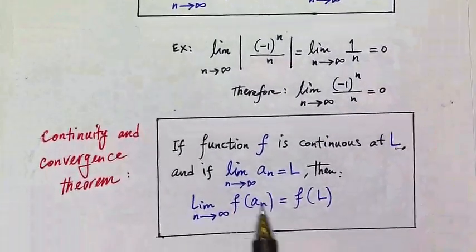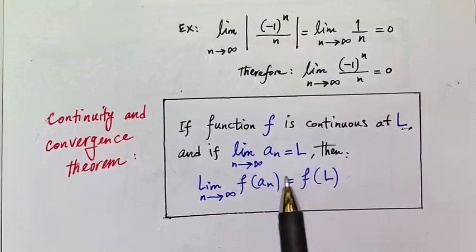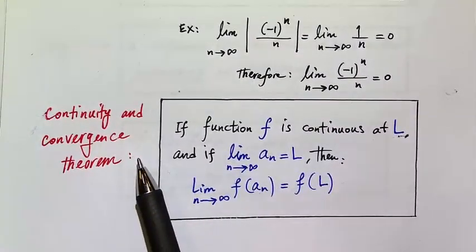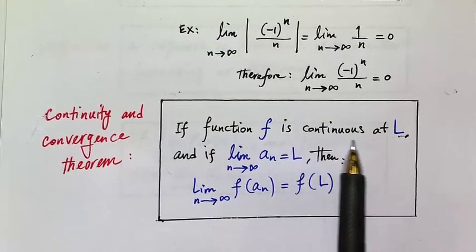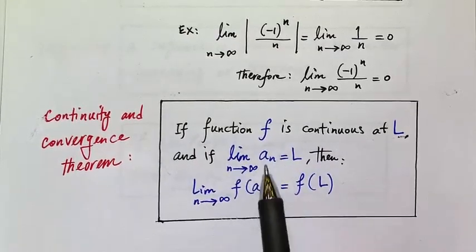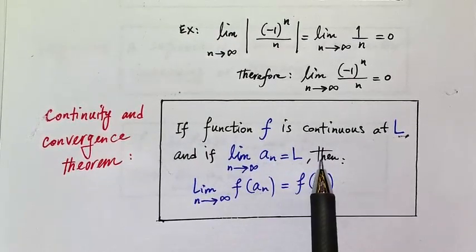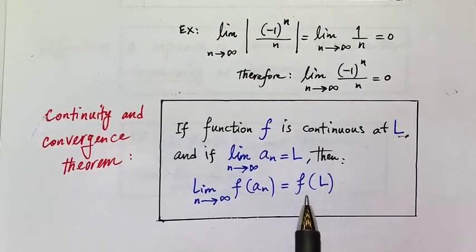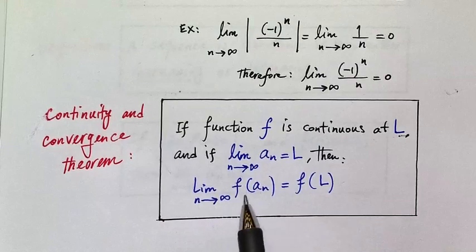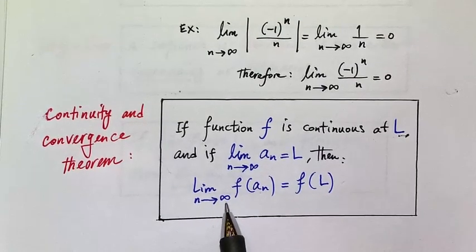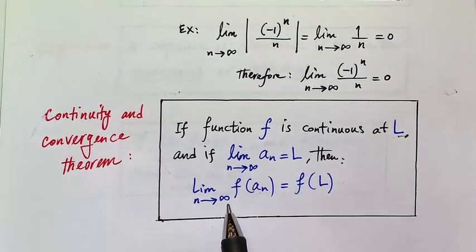We said that in this continuity and convergence theorem, if the function f is continuous at L and if the limit of the sequence is equal to L, then the value of the function at L is equal to the limit of the sequence as n goes to infinity.